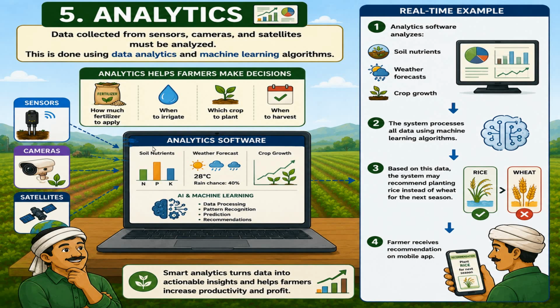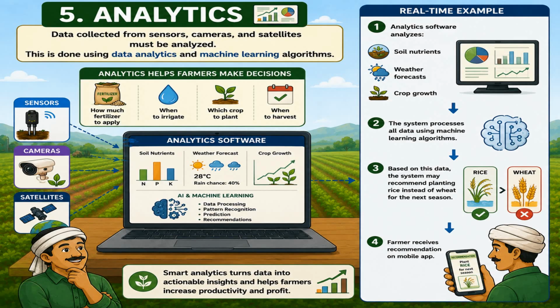So all this data is sent to the analytics software here for processing, and the analytics software studies important factors such as soil nutrients, weather forecast, and crop growth, and it uses artificial intelligence and machine learning algorithms to identify patterns, predict future conditions, and generate useful recommendations. So analytics helps farmers decide how much fertilizer to apply, when to irrigate, which crop to plant, and when to harvest.